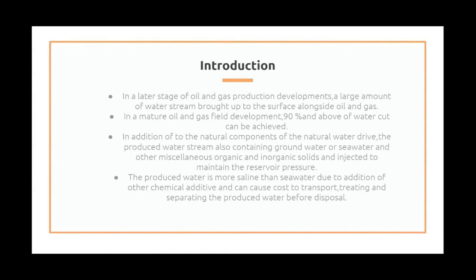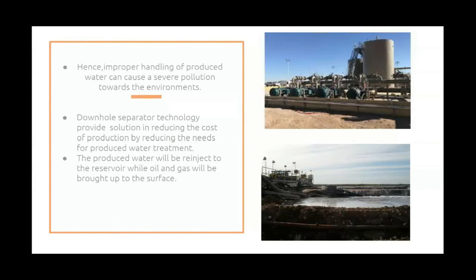The produced water is also more saline than seawater due to the addition of chemical additives and can cause additional costs to transfer, to treat, and to separate the produced water before disposing of it. Hence, improper handling of produced water can cause severe pollution to the environment.